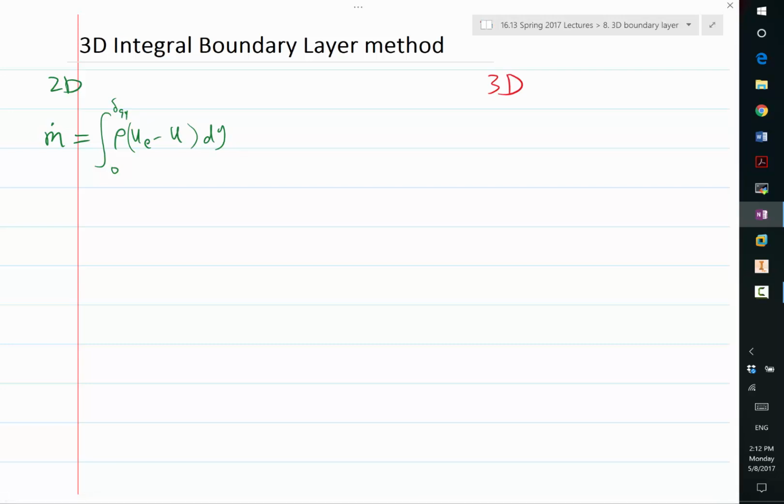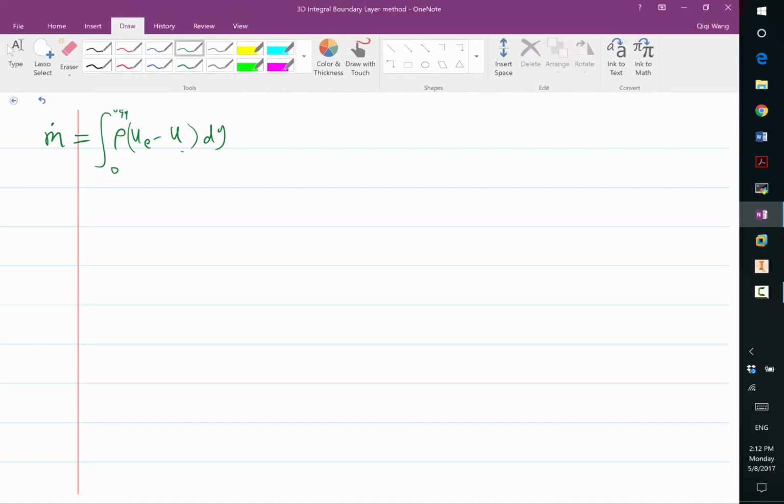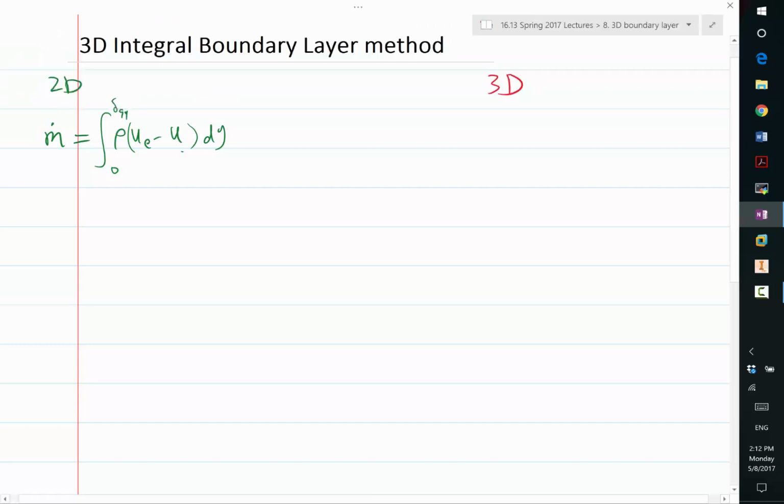Now in 3D, we not only have u and ue, we also have w and we. So the mass flow defect is no longer a scalar, it's a vector. So let's define this big M to be a 2-dimensional vector that is always tangential to the surface, right?